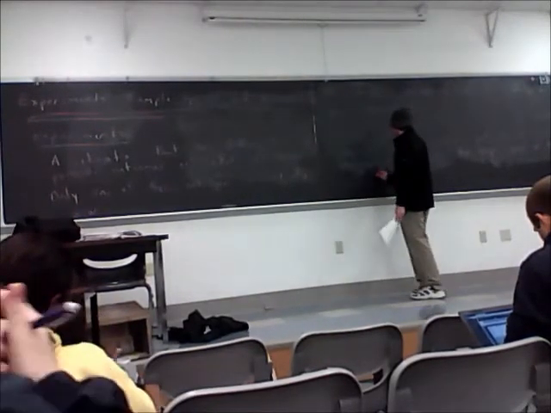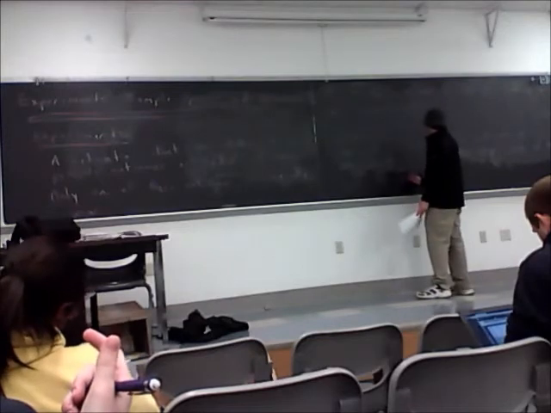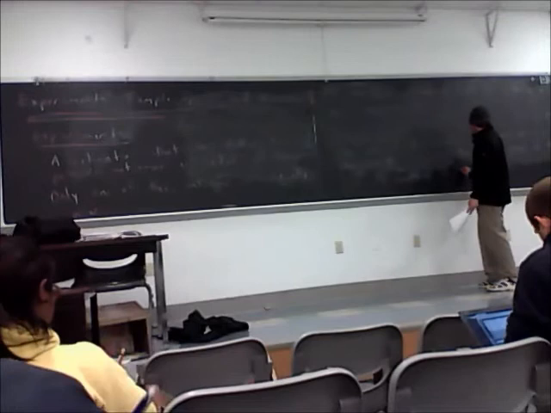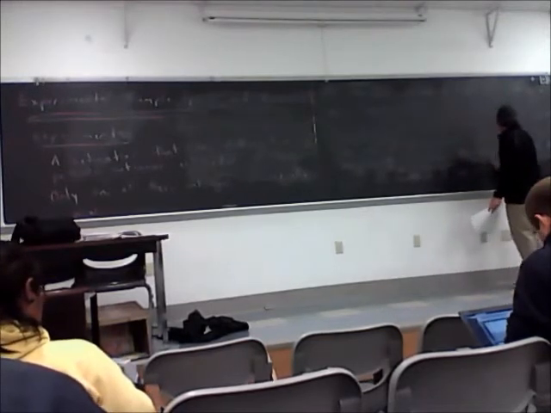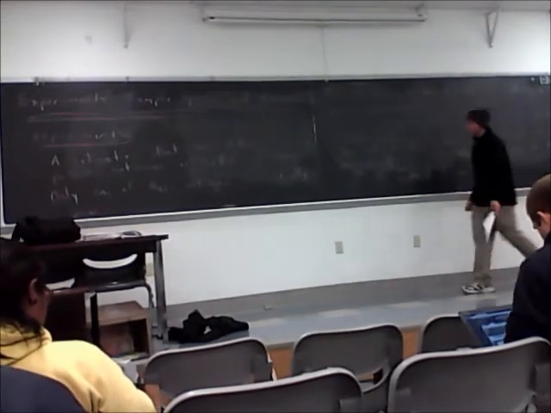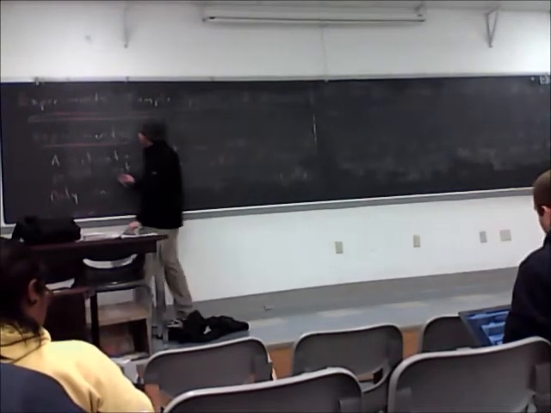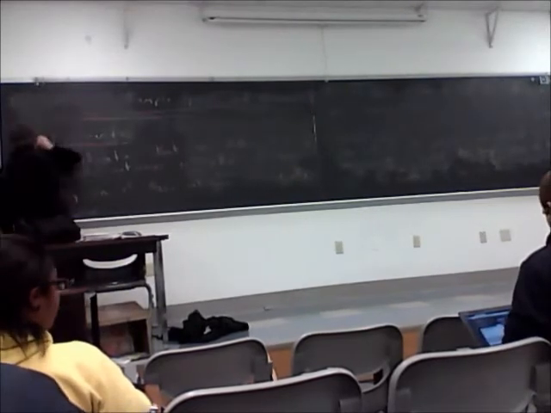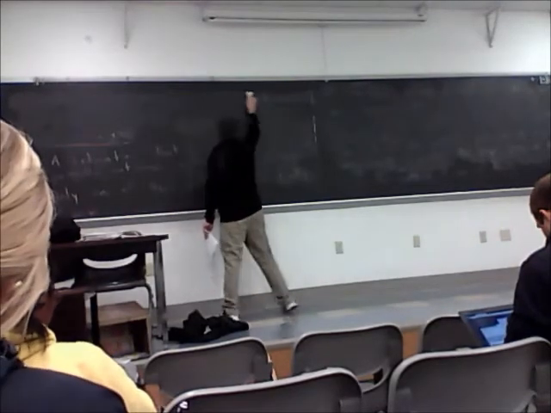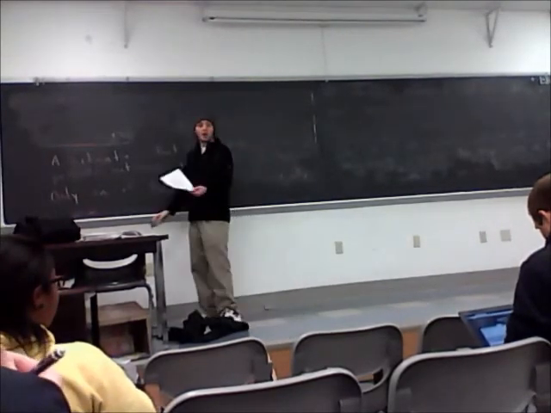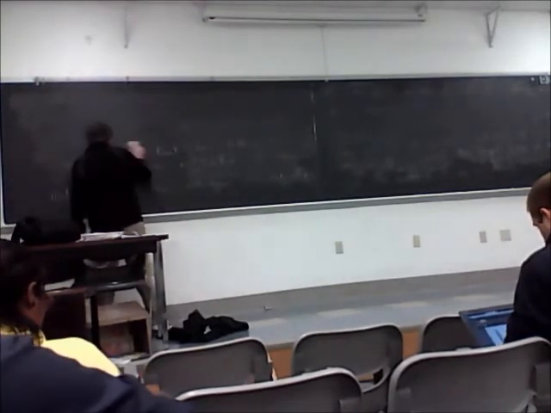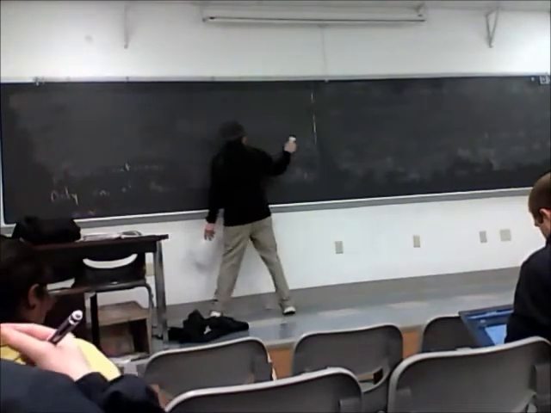Okay, so for example, if you are tossing a coin, so the experiment is to toss a coin. Okay. So how many different outcomes are there to this experiment? To toss a coin, so how many outcomes are there? Two. So the outcomes are you get heads or tails.